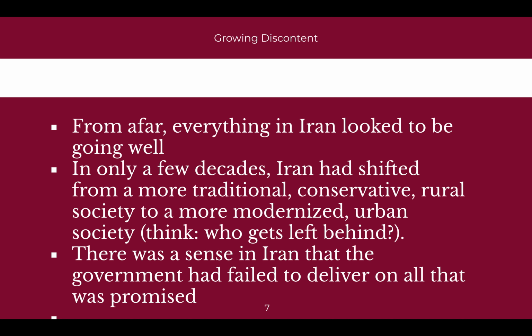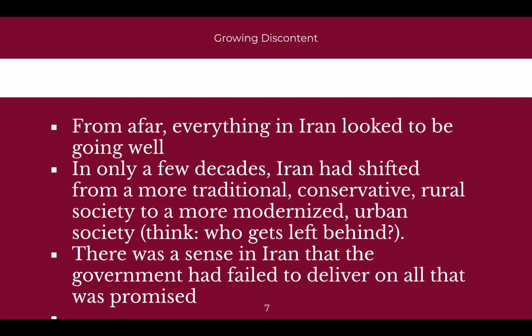But in only a few decades, Iran had shifted from a more traditional conservative rural society to a more modernized urban society. So you have to think about who gets left behind. Those rural farmers, those landowners, a lot of those individuals are no longer prospering in this modernized Iran. And in addition to that, the conservative traditional country that was once known to many of these people no longer looks the same.